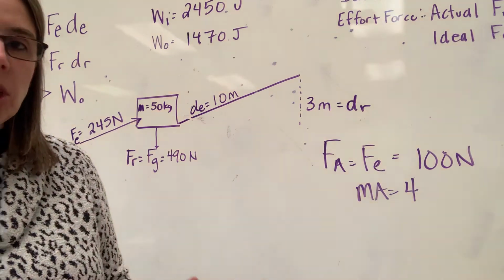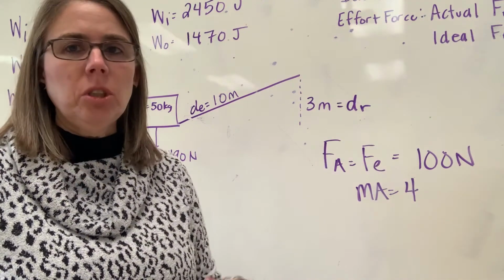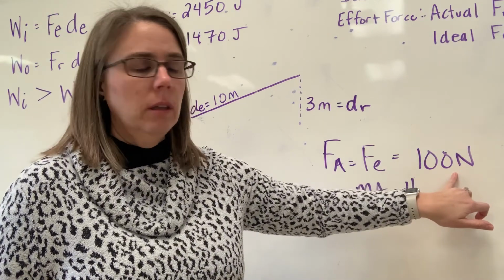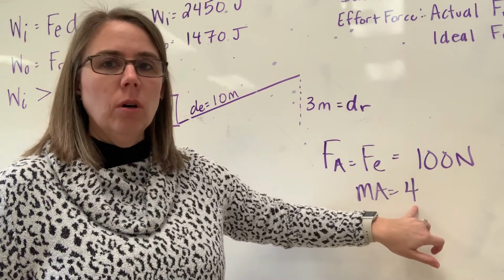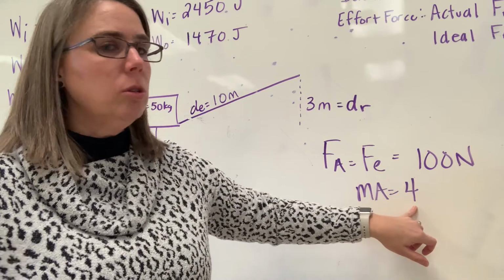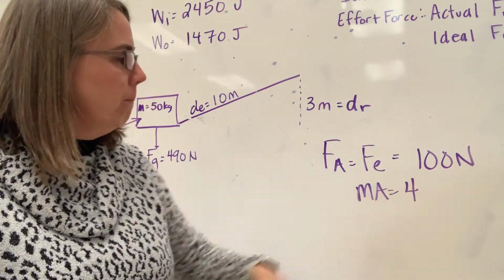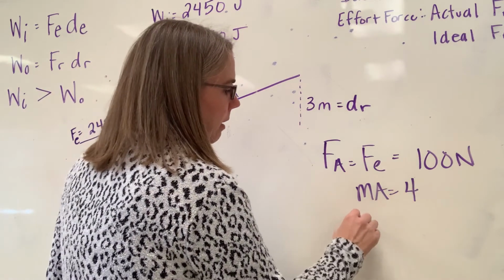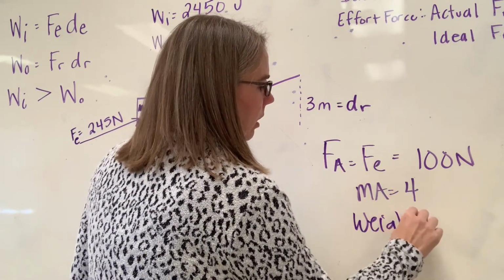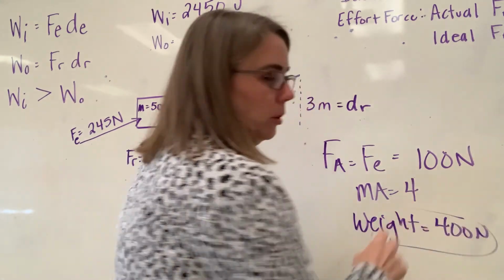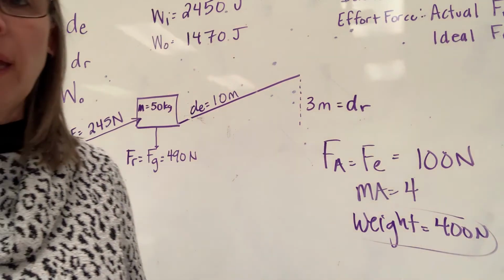So the definition of mechanical advantage, it's how much a machine multiplies your effort force. My effort force is 100, my mechanical advantage is 4, so how much can this machine multiply my effort force? It can multiply my effort force by 4, which means I can lift something that has a weight of 100 times 4. I can lift something that has a weight of 400 newtons. That's what mechanical advantage is.